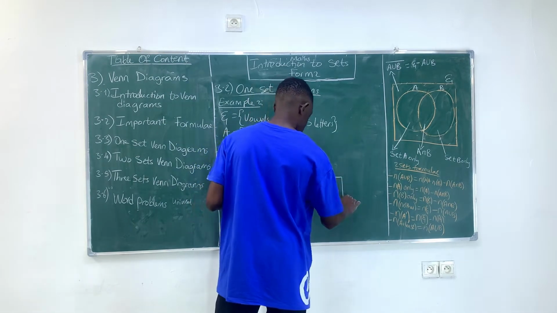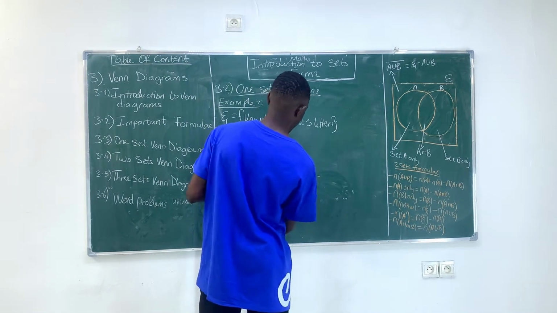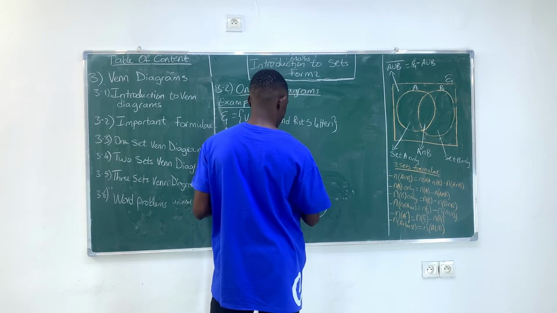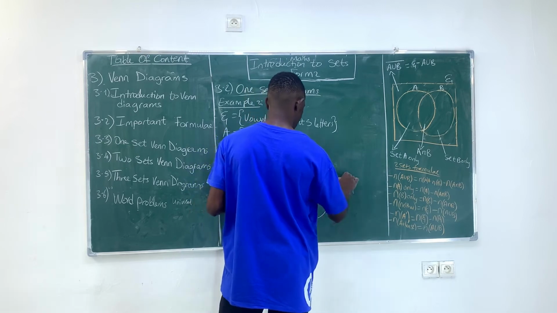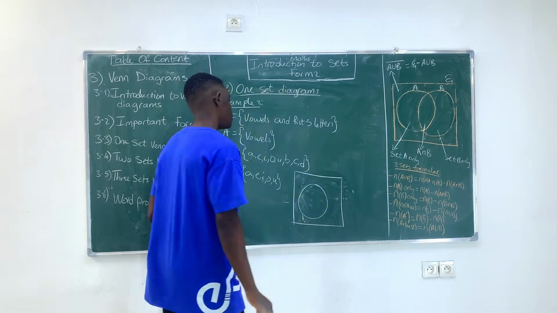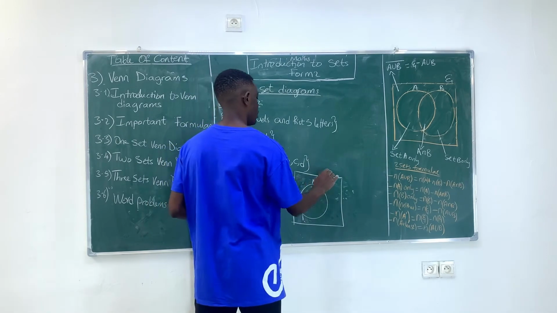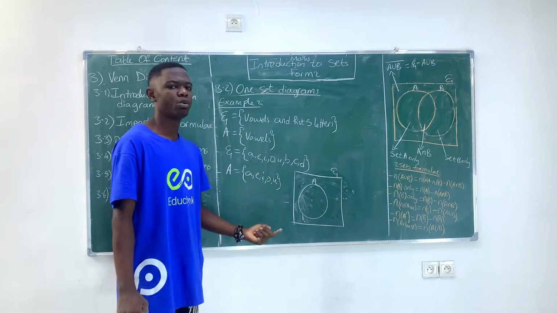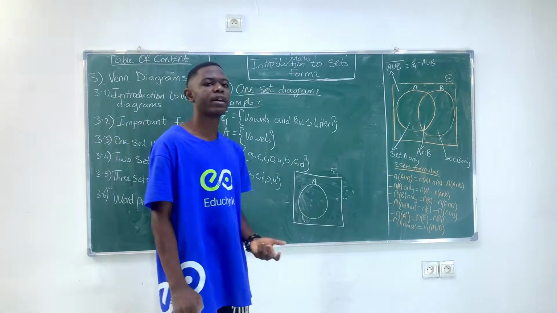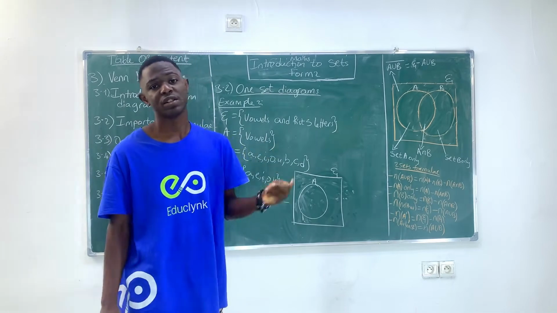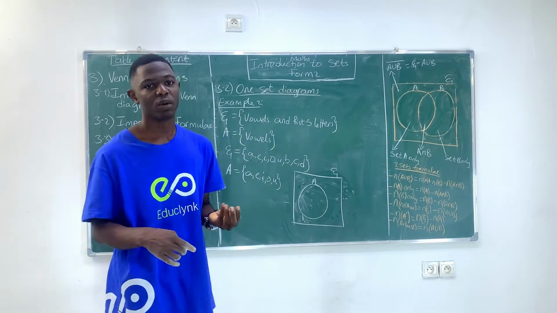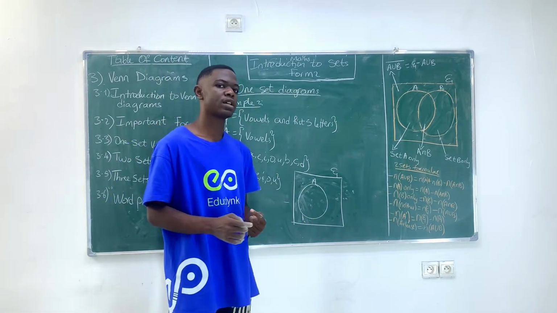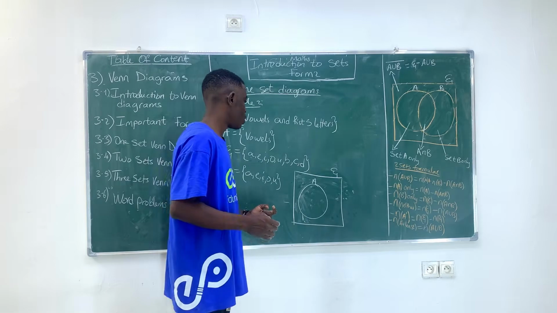You draw a square, then you draw a circle, for the universal set and A. Actually, it is better to draw the square or rectangle first, because you might draw a circle and then there's no more space to put the rectangle. Whereas if you draw the rectangle first, you will know how to manage the space in order to insert your sets.